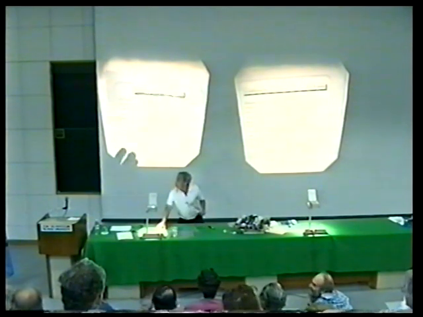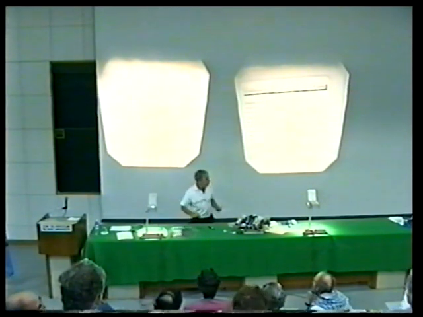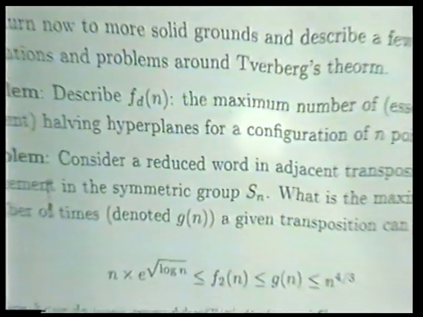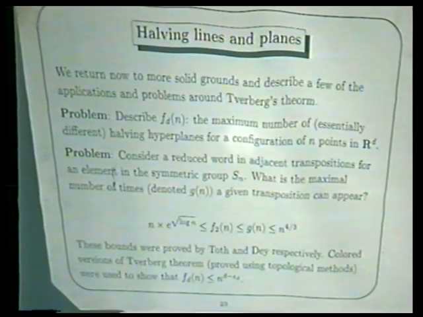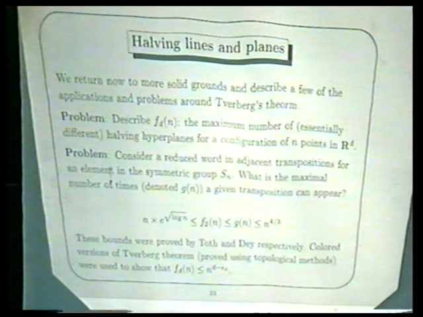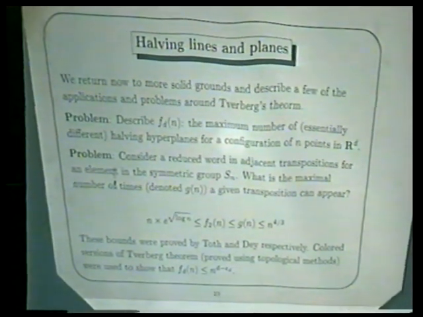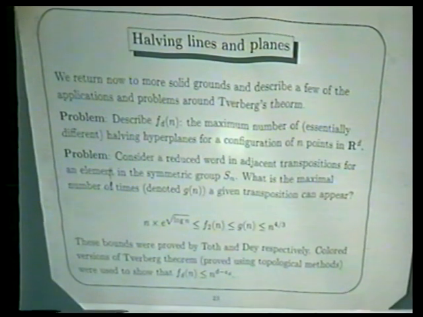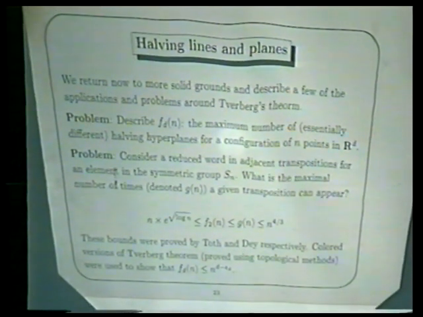Okay, so let me, to conclude my lecture, come back to some more solid grounds of other applications of Tverberg's theorem. I should say this subject deserves an entire lecture, and it's a little injustice just to mention it at the end, but there is a very nice, beautiful combinatorial problem about the number of halving lines in the plane, and more generally halving hyperplanes for a configuration of n points. You have n points in the plane, and in how many ways can you split them into two parts by a line?